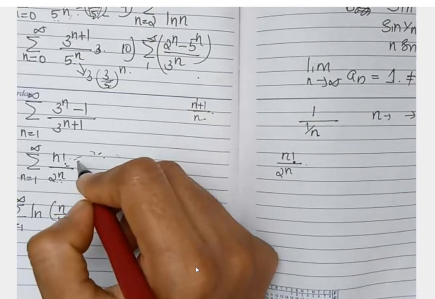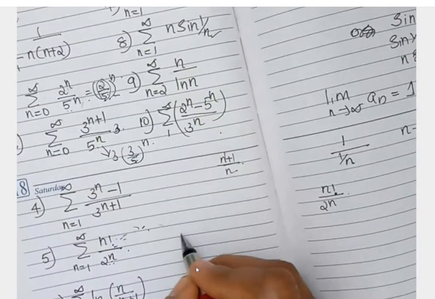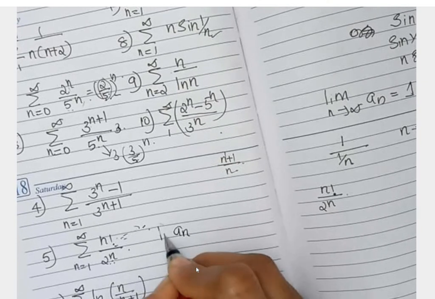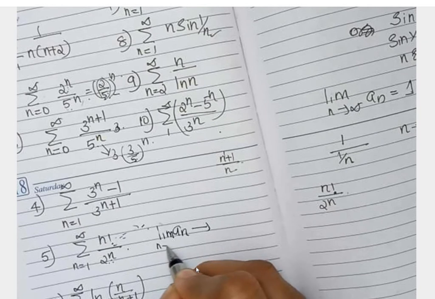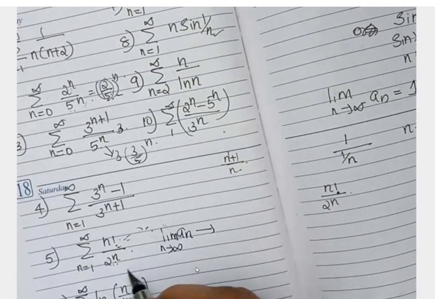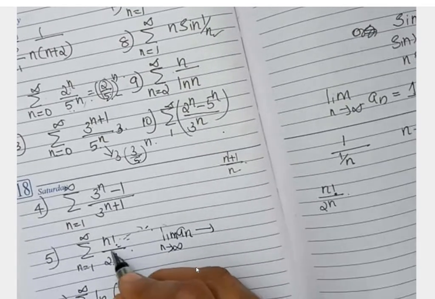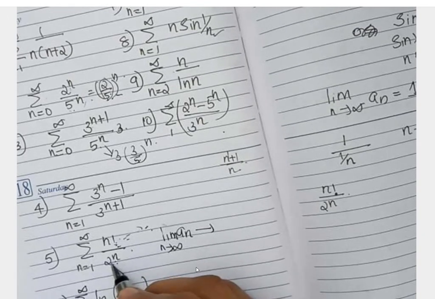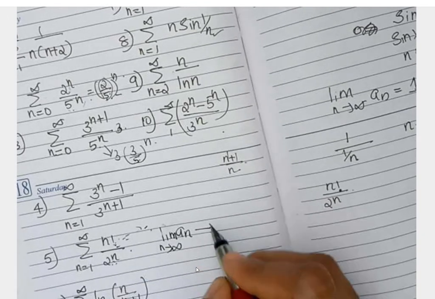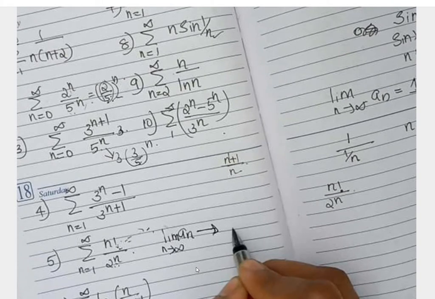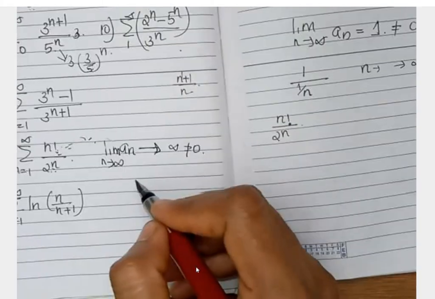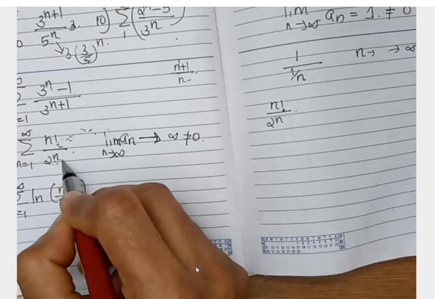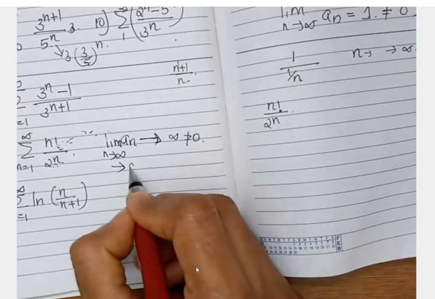So the limit of an as n tends to infinity, factorial is large as compared to 2 raised to n. So this tends to infinity but not equal to 0. So we can say that this diverges.